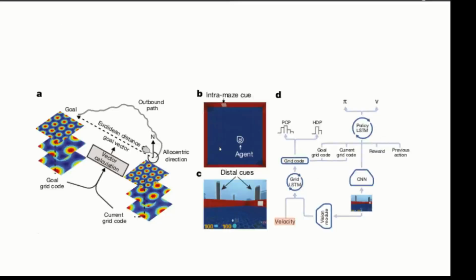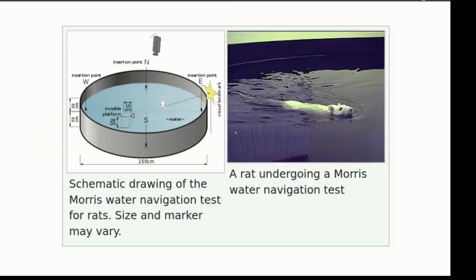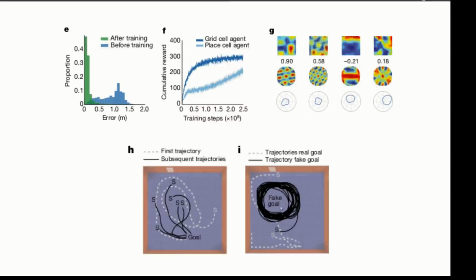So much like the real version, the rat knows when it gets the reward, or when it gets to the invisible platform, because it can feel it, right? In the same way here, there is a vector that is given where it remembers the platform to be, but there's no platform.